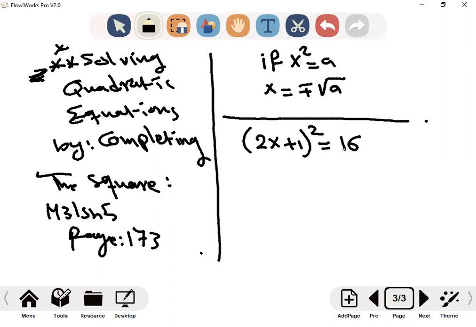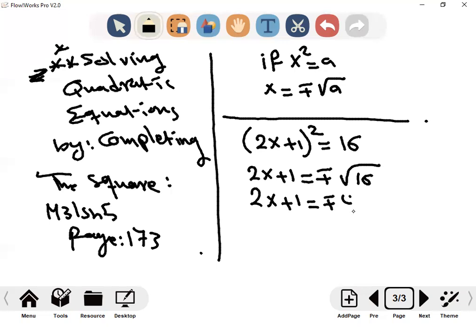This also we call completed square. If you have parentheses power 2 equal to a number, this number can be positive in real numbers or negative to get i, remember, in complex numbers. So I will do the same idea here. 2x plus 1 equals plus minus square root of 16, which is plus minus 4.